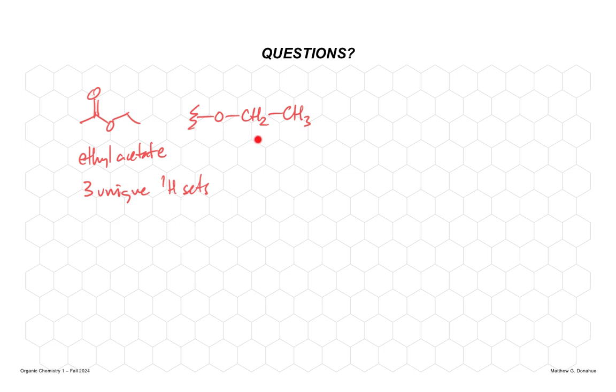So that's a quartet, and then the CH3 is going to be a triplet. So that's what I mean, these fragments: if you see a quartet and a triplet, you can say, okay, those two things are coupled to one another. And really, what does that mean?